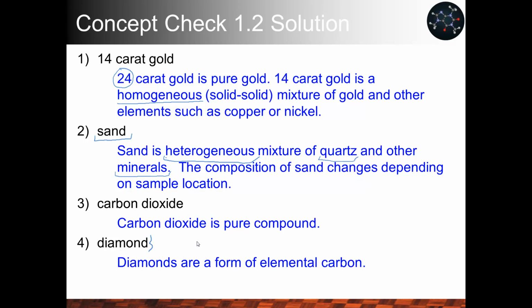Now, diamond is actually just carbon. It's the same element as coal. It's just in a slightly different form, but all it is is carbon. There are no other elements involved in that, so that makes it a pure substance. Specifically, it's an element, a pure substance.